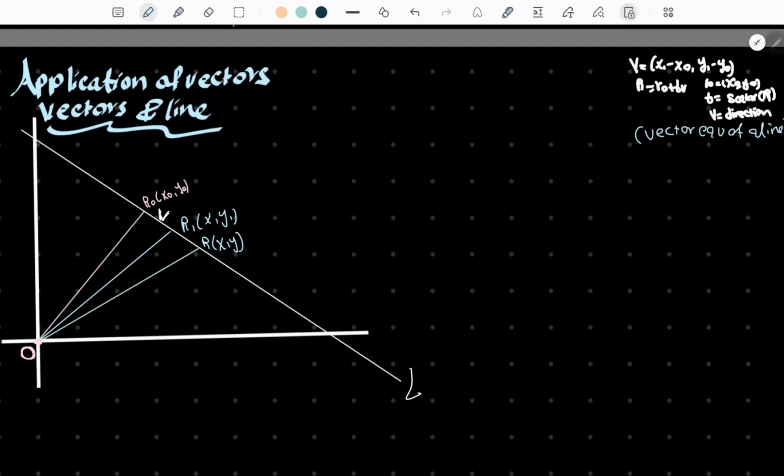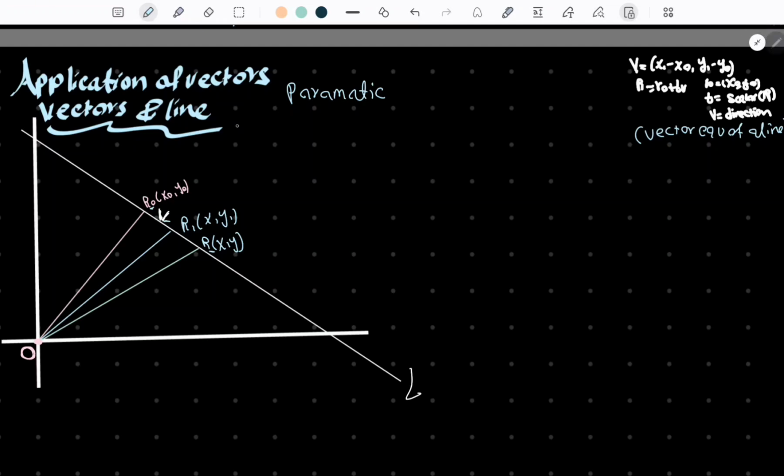Now, if we want to write this equation in the form of the parametric equation, we can do this. So the parametric equation, instead of having these vectors in their point form or like this symbol R or V, we have it in component form. So this is how it goes. Let me show you guys.